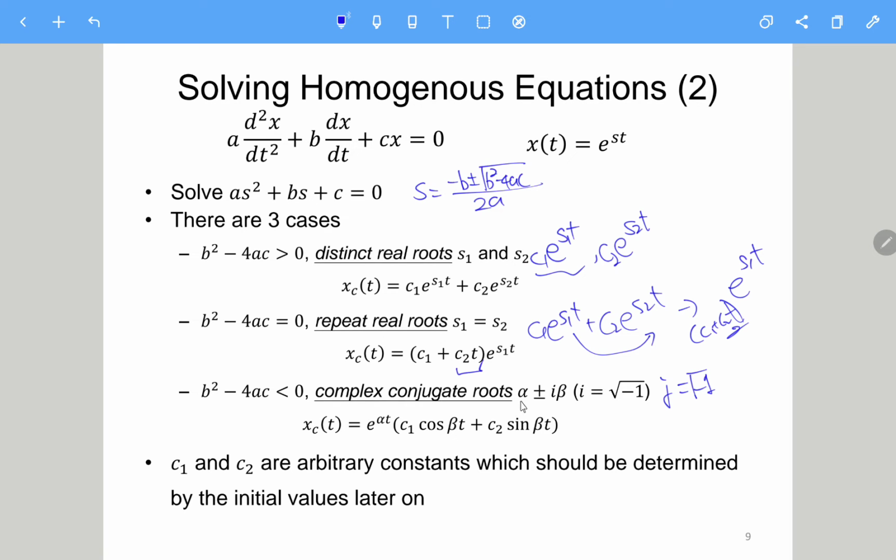Okay, so here you can see the complex conjugate roots are alpha plus or minus I beta. So alpha is the real part, so we have exponential to alpha t in the front. And then for beta, we have cosine of beta t and then sine of beta t.